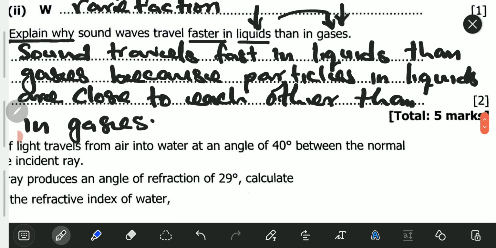So this makes sound to be transferred faster in liquids than in gases.